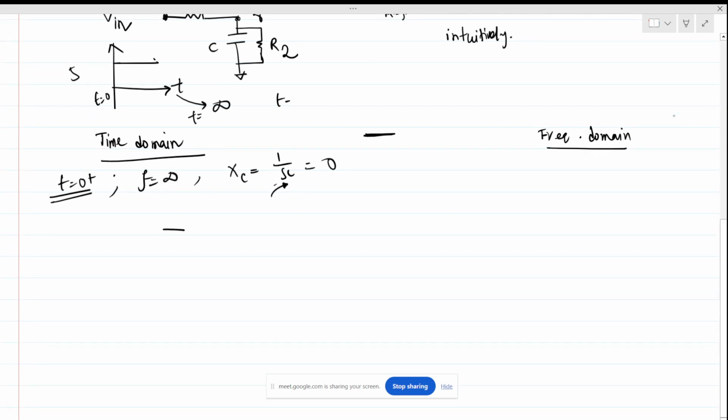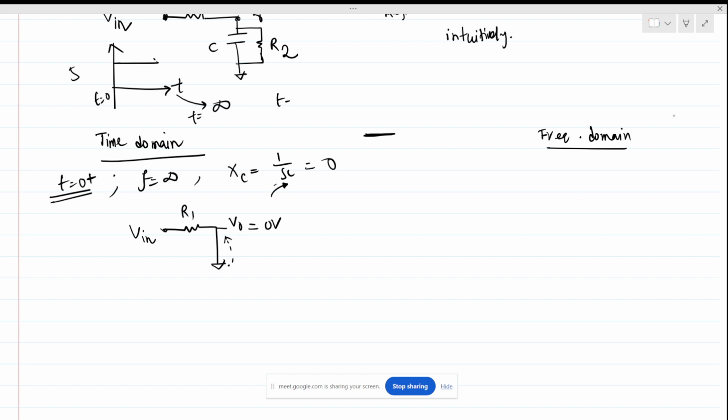So what will be our V out here? This will be nothing but 0, right? So at t equals 0 plus, the capacitor acts as a short circuit because the signal frequency is infinite, so the capacitor impedance is 0.